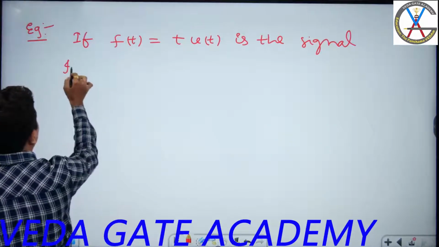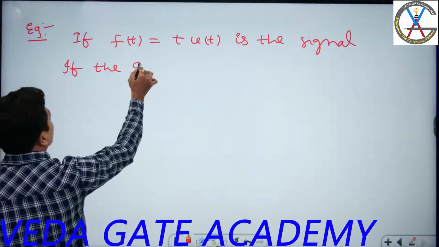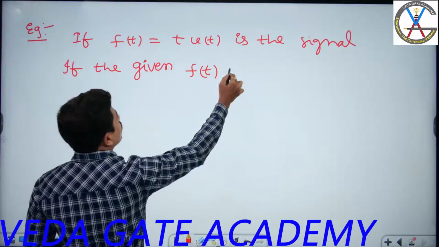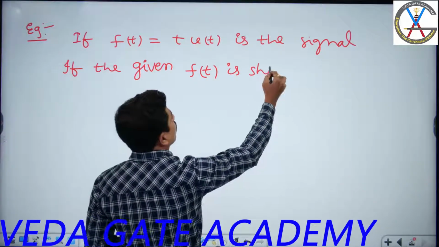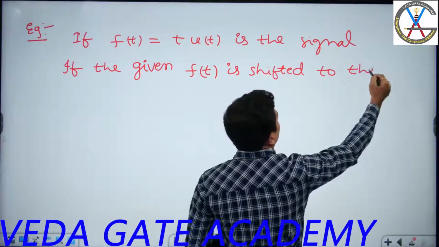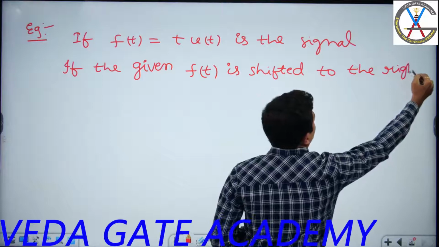if the given f of t is shifted to the right side, right side shifting is what?